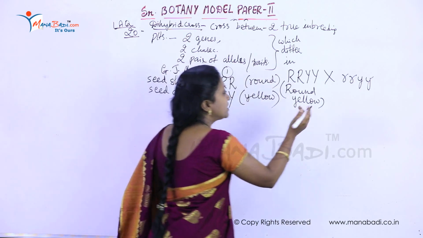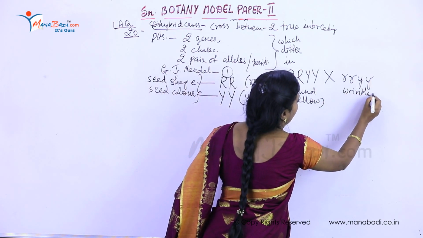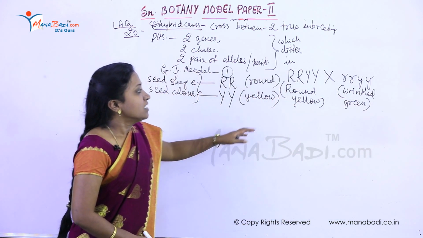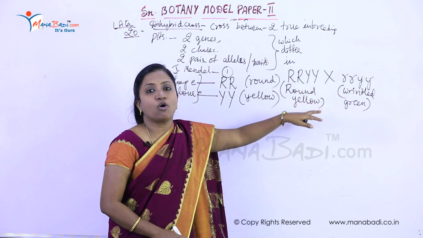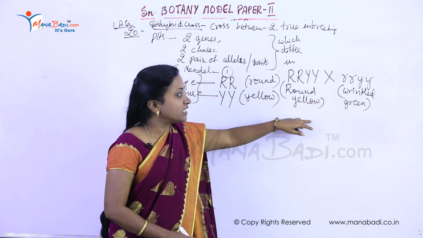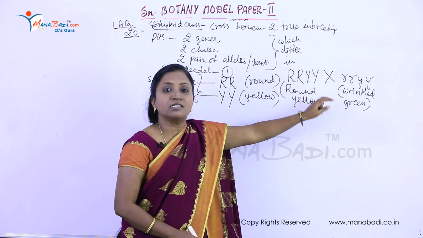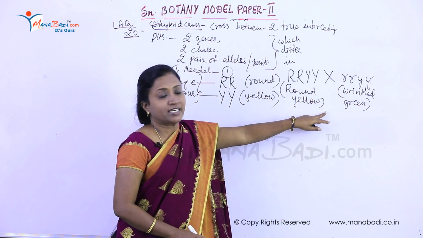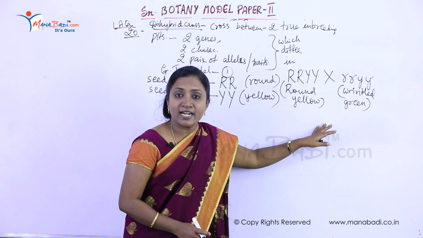The second is the homozygous wrinkled green plant. Here small r represents the genotype of the shape of the seed, that is wrinkled, whereas small y represents the color of the seed, that is green. So here the cross has been done.